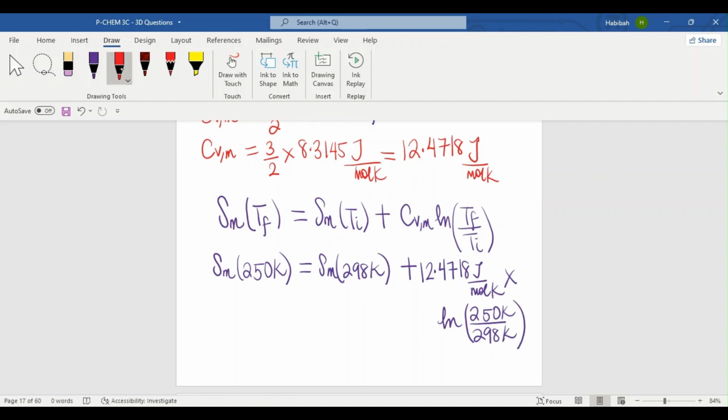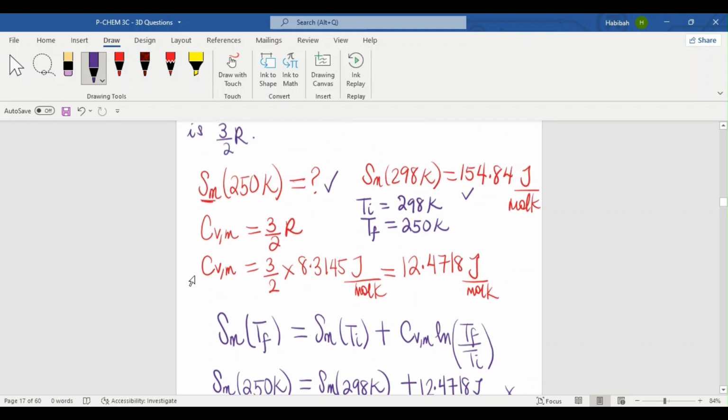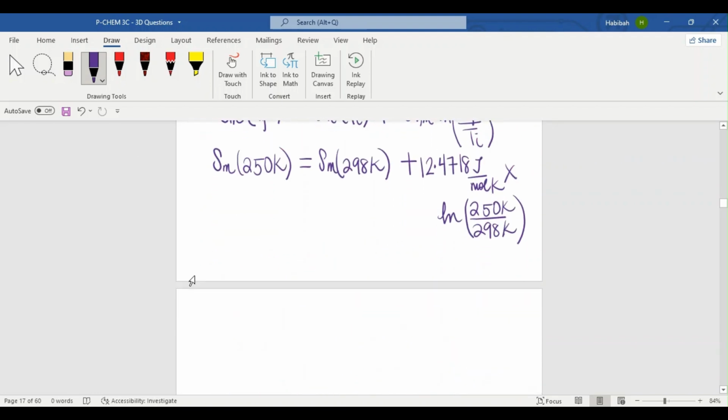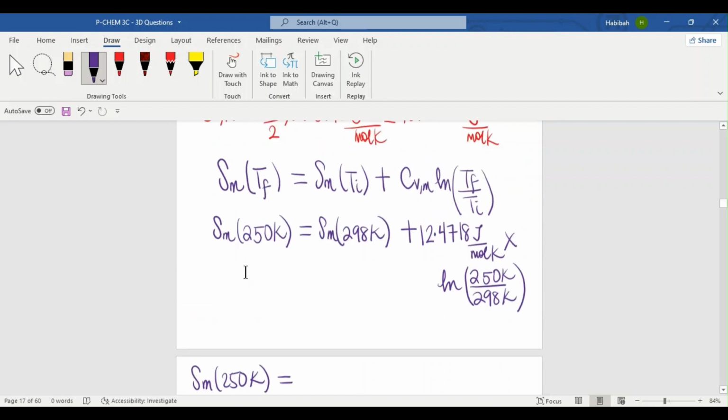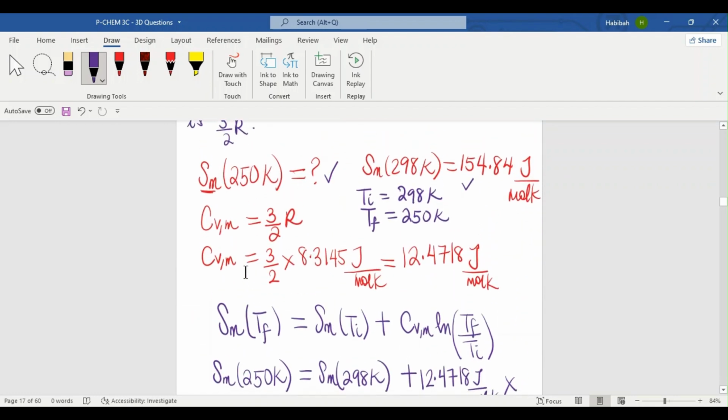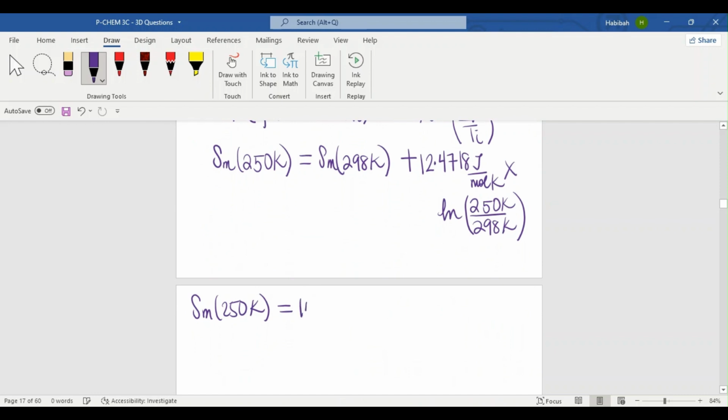We can, of course, rewrite this formula by substituting the molar entropy at 298 Kelvin. So S_M at 250 Kelvin, which we're looking for, is equal to the molar entropy at 298 Kelvin, which is 154.84 joule per mole Kelvin, plus 12.4718 joule per mole Kelvin times ln of 250 Kelvin divided by 298 Kelvin.